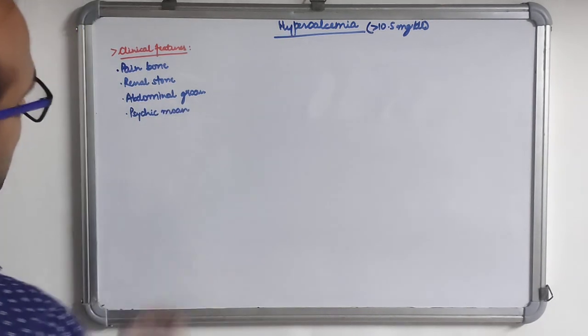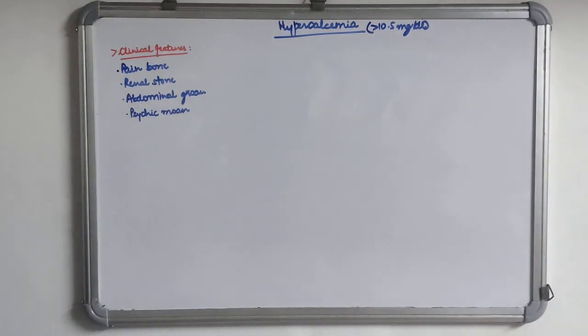That means a patient of hypercalcemia has bone pains, renal stones, nephrolithiasis and nephrocalcinosis, which in turn results in polyuria and polydipsia. Abdominal groan: abdominal complaints include nausea, vomiting, anorexia, constipation. Abdominal pain can be because of peptic ulcer disease or pancreatitis.